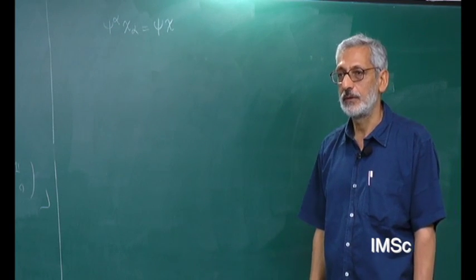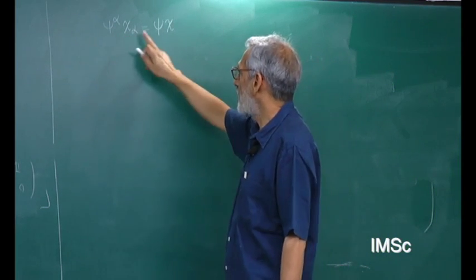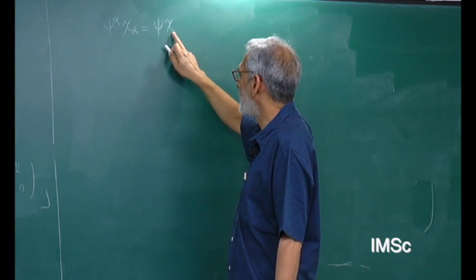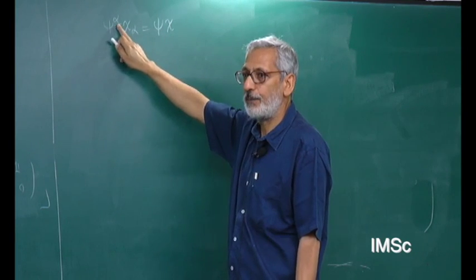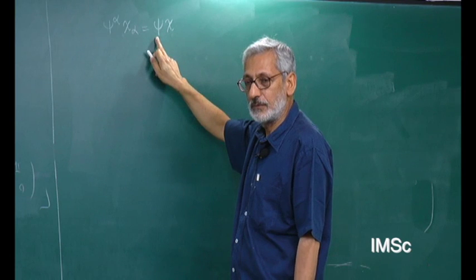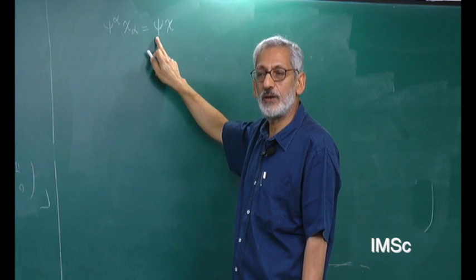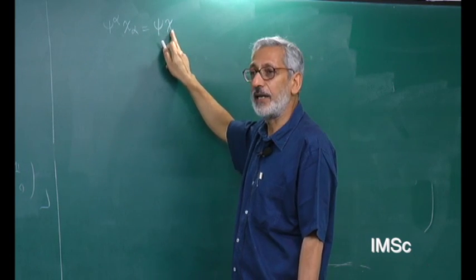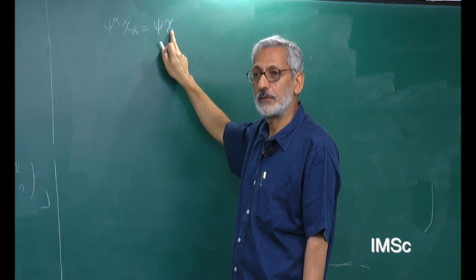Right? It's a compact notation, but by writing psi chi, what do we mean? Psi alpha up, chi down. Now, does it matter if I change the order? It doesn't matter if I change the order if psi and chi are anti-commuting spinors.